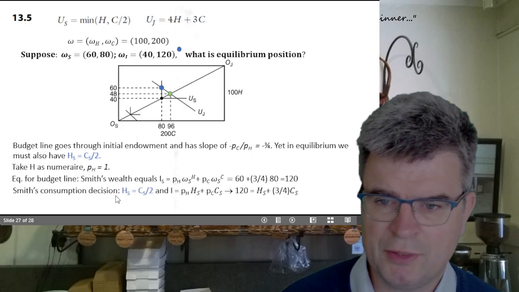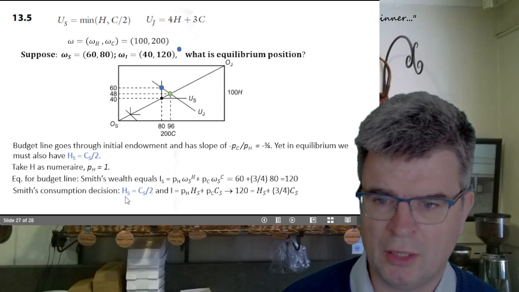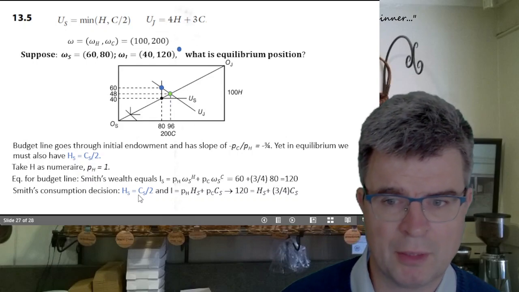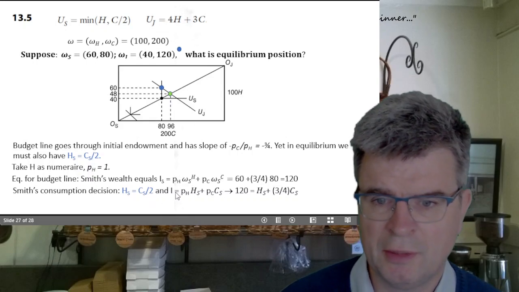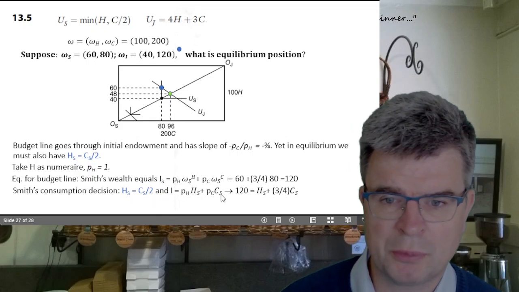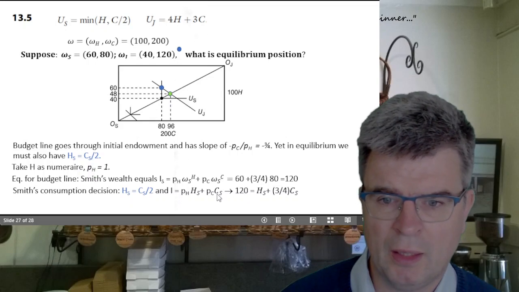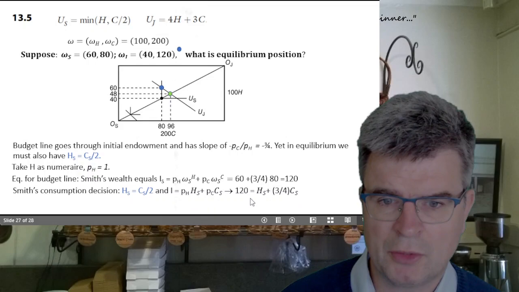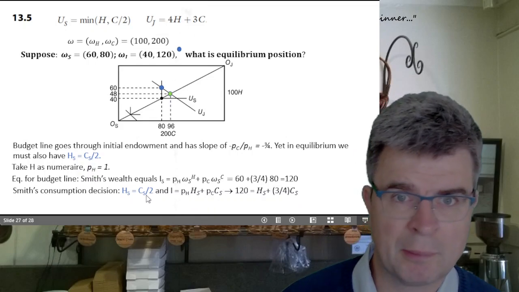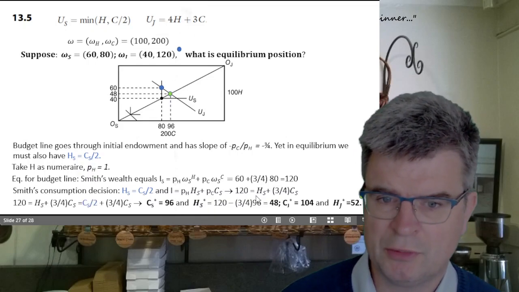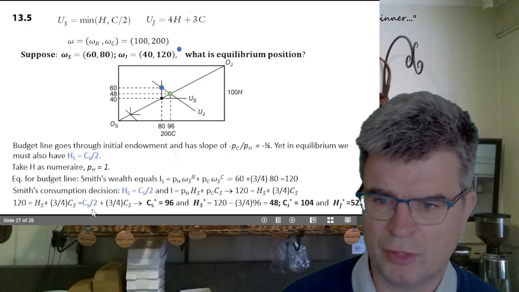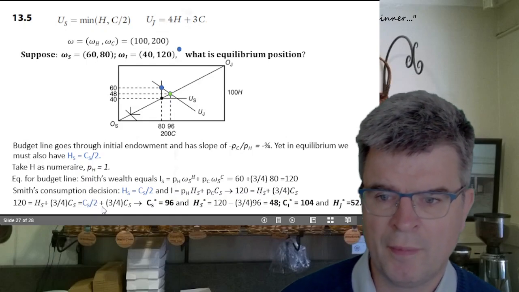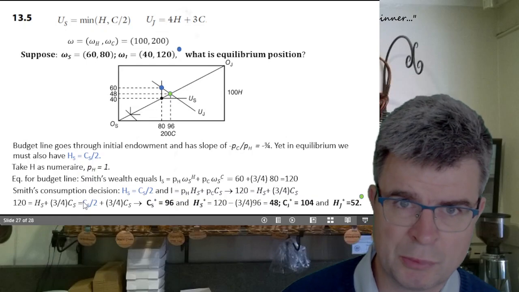So his consumption decision, what he will choose is a consumption of ham that's half the number of slices of cheese. So we plug this into his budget constraint. His budget is 120. He can spend it on ham and cheese, but his consumption of ham in equilibrium is half of the consumption of cheese. So we replace the H_S over here by C divided by 2, and we solve this for the consumption of cheese.